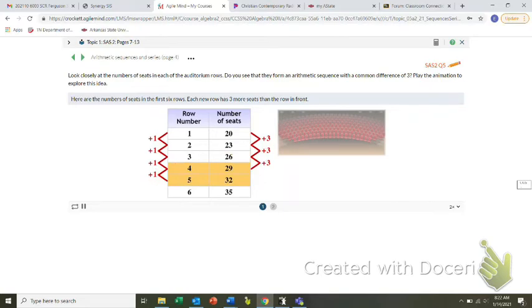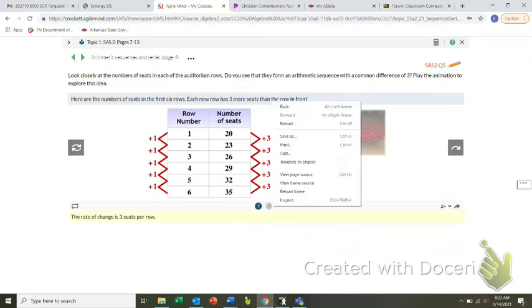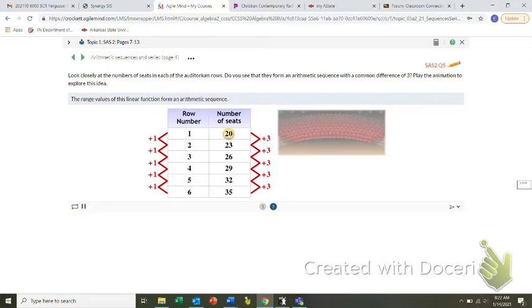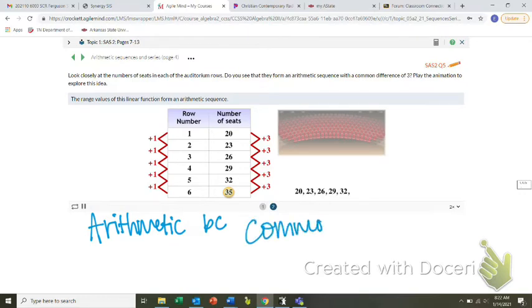You know that it is an arithmetic sequence because it has a common difference of 3. Meaning it adds 3 every time, okay? It has that rate of change, that constant addition, whatever you want to call it.